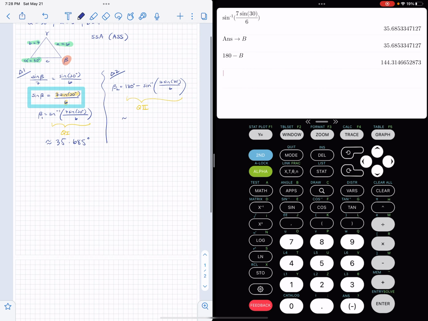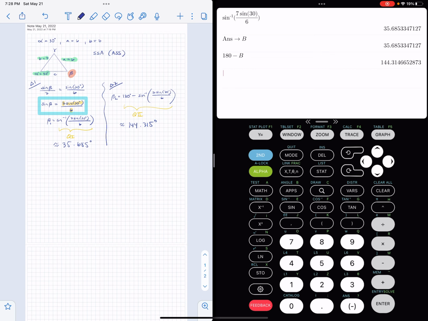And we get beta sub 2, or beta from the second triangle, is 144.315 degrees. Basically, there will be a second triangle if we solve for the third angle, gamma, which would be 180 degrees minus the sum of the other two angles, so minus 30 degrees plus beta sub 2.